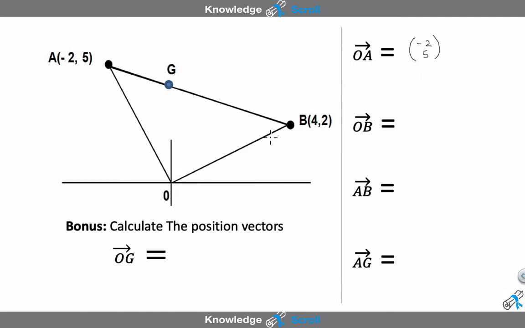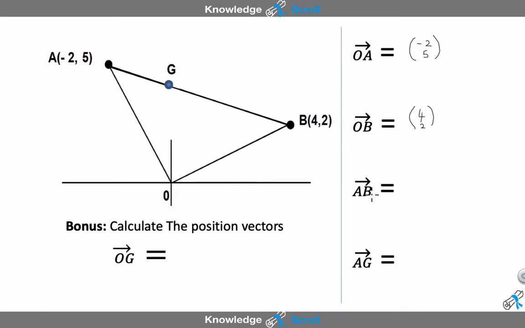Likewise, for OB, if you come from the origin and you're going to B, you're going to travel 4 across and 2 up. And this is represented by the column vector (4, 2). So those first two are always straightforward. You convert the coordinates into their column vector form.